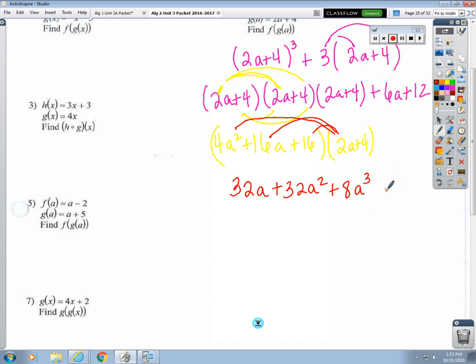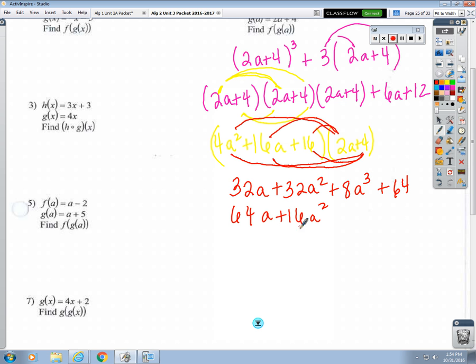Now I have to distribute the 4 to everything. 4 times 16 is what? 64. 4 times 16a is 64a. And can I write that up underneath this one because they're the same, so I'm going to combine them? And then 4 times 4a squared is... And can I write that one up under this a squared?